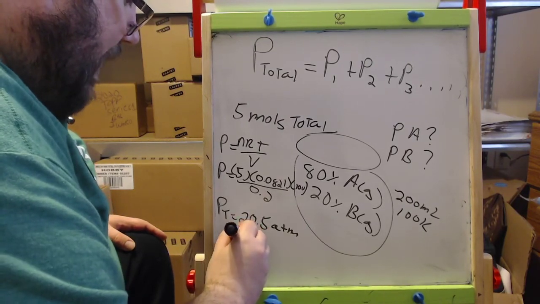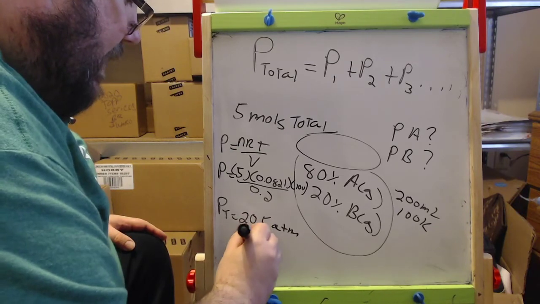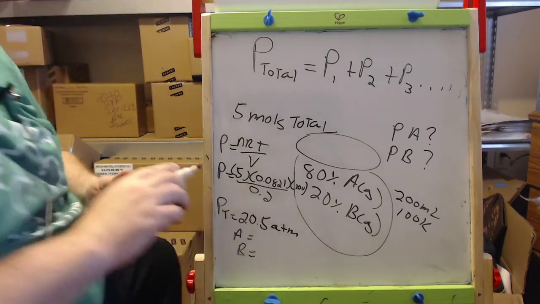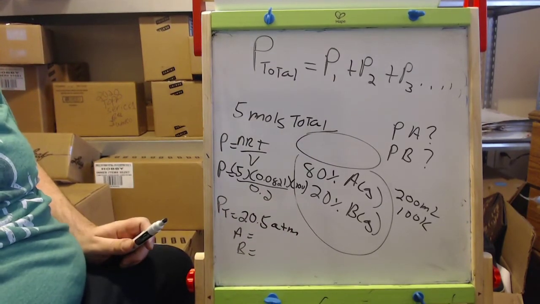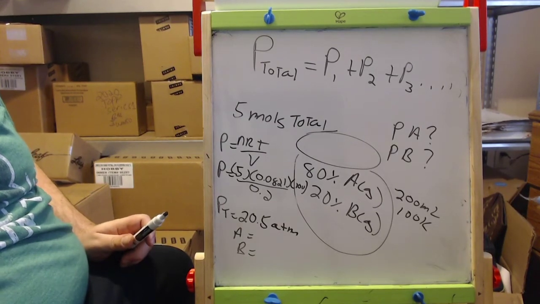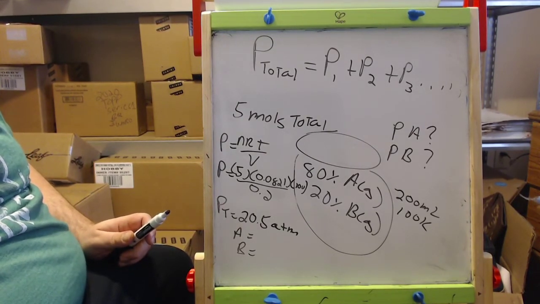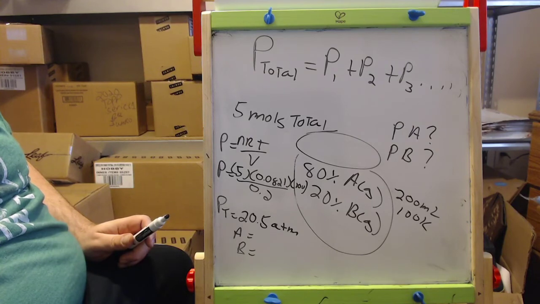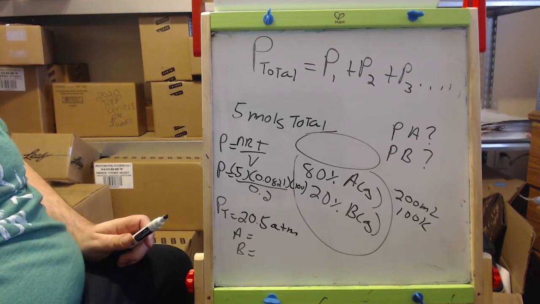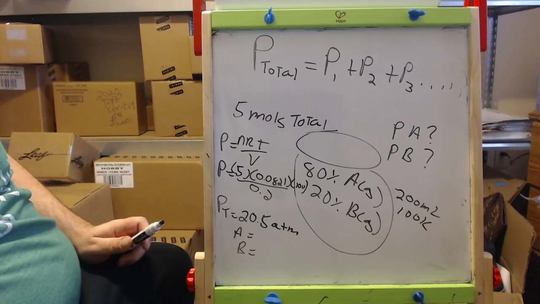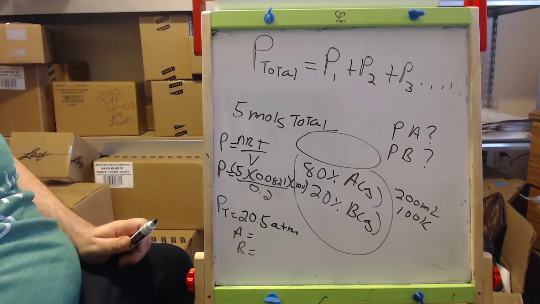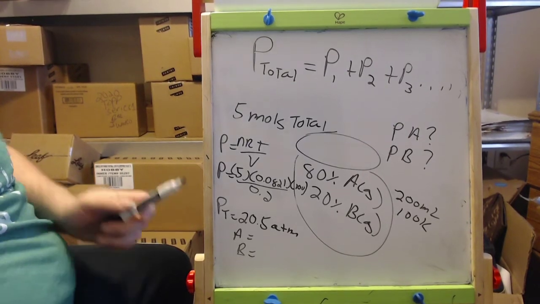And I can figure out A and B by taking 80% of 20.5. 20.5 times 0.8 is 16.4.